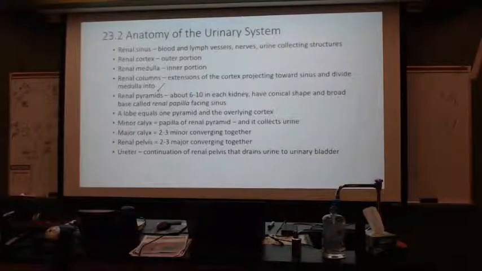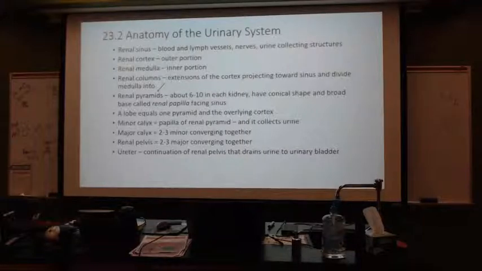It looks like they tried to make this outer portion a little darker pink than this inner portion. It's just not that great. You've got to look really close for it. But trust me on this, okay? This outer rim going around like this is the cortex portion. The inner portion is the medulla, okay?